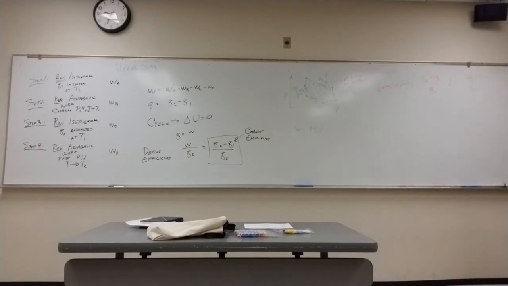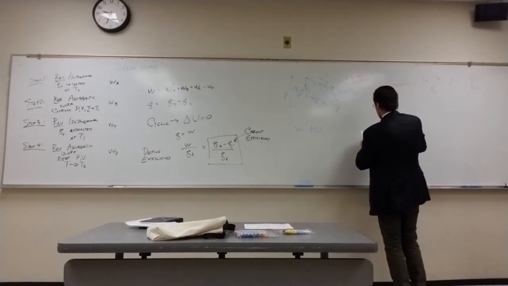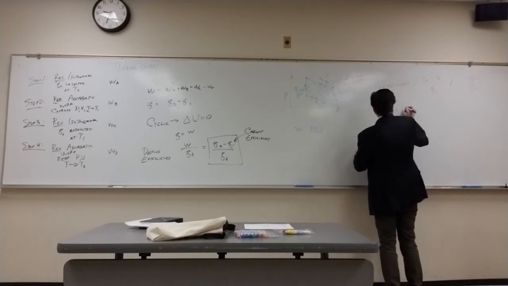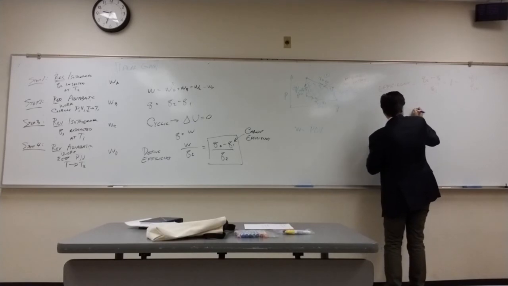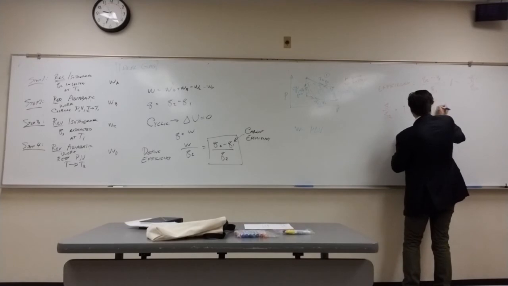Right, just rearranging the math. And we can take it and arrange that more, and we can say Q1 over Q2 is equal to 1 minus the efficiency.